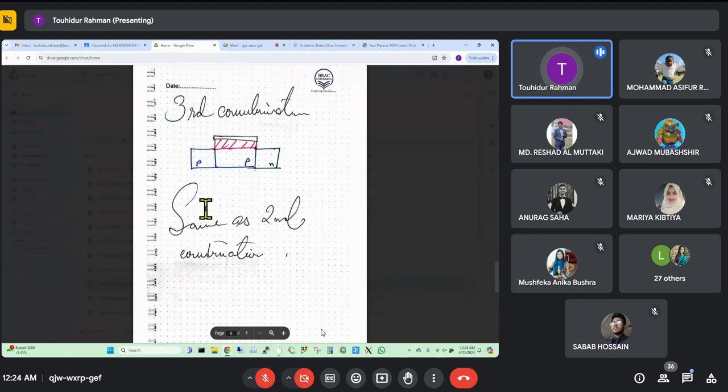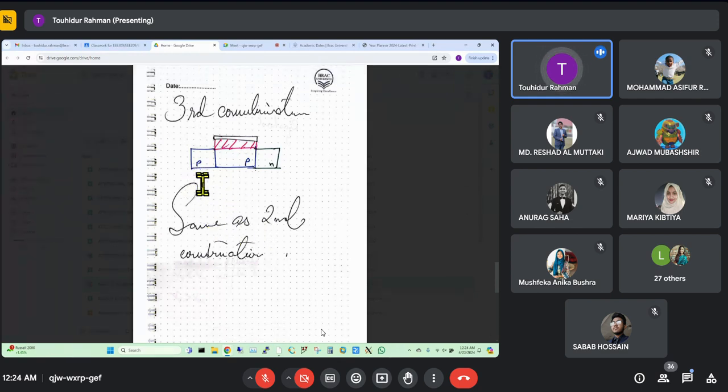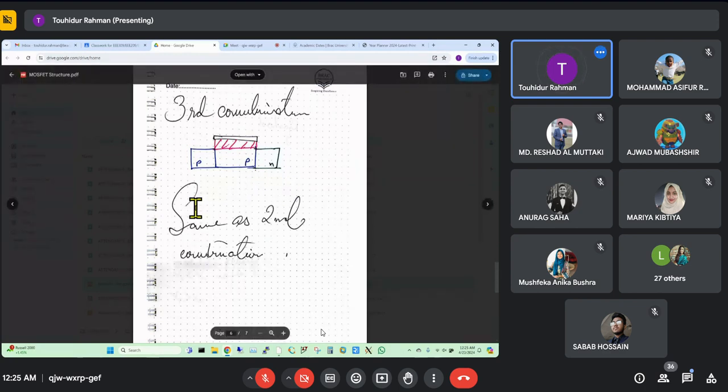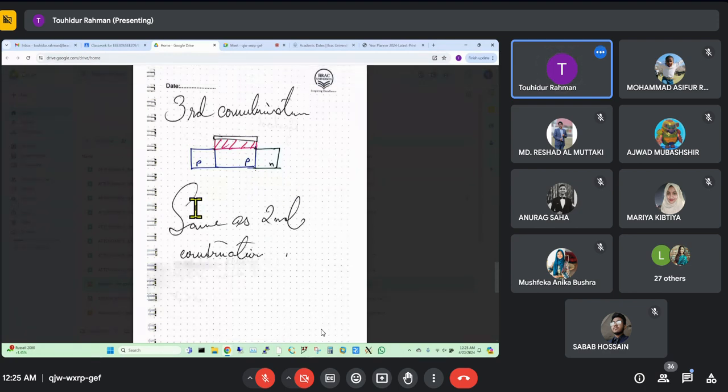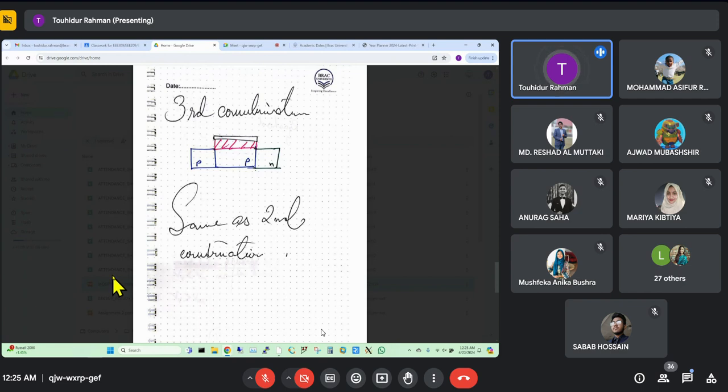The next combination is just the same as the second one, but in this case we have N type on the right side and P type on the left side. So the current will be able to go from left to right, but not from right to left. And if that is true, that means this condition is also not satisfied.